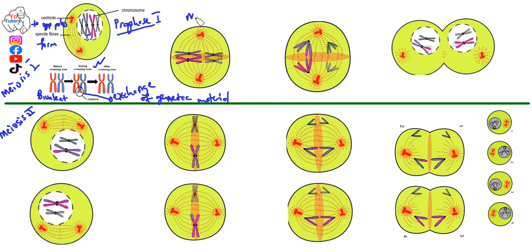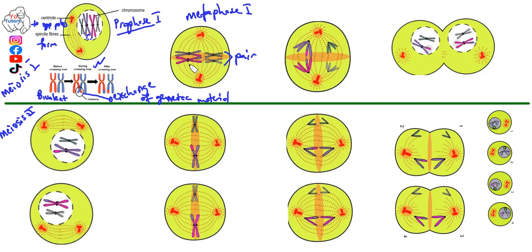What about metaphase 1? What we see on metaphase 1 is a pair of chromosomes lying at the equator, opposite to each other. But which side of the equator each one should be on is random, it's by chance.